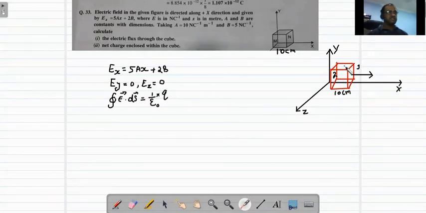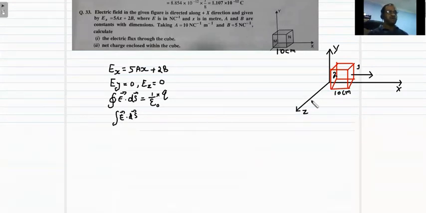Because this cube has 6 faces. So I can do a plane integral instead of a closed integral, just integral like this, without the closed sign, E dot ds. So we will find E dot ds for 6 plane surfaces. The cubical shape has 6 plane surfaces.